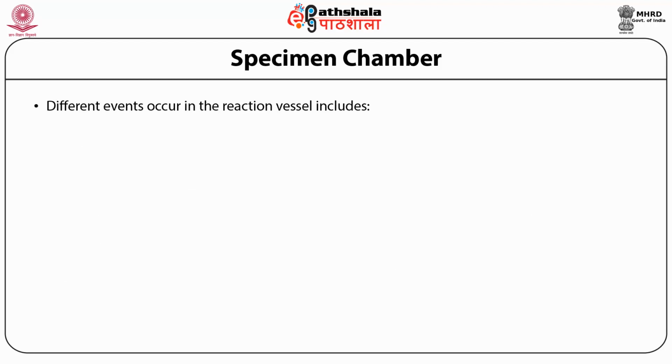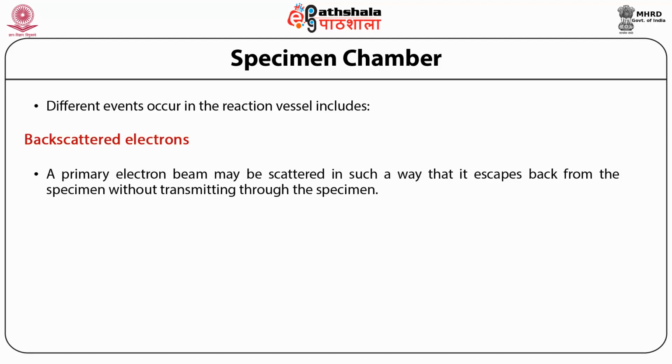Different events occur in the reaction vessel, including backscattered electrons, secondary electrons, X-rays, cathodoluminescence, and transmitted electrons. First, the backscattered electrons. A primary electron beam may be scattered in such a way that it escapes back from the specimen without transmitting through the specimen.